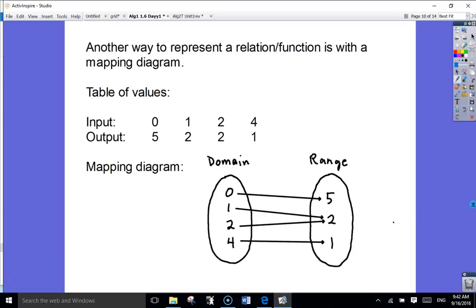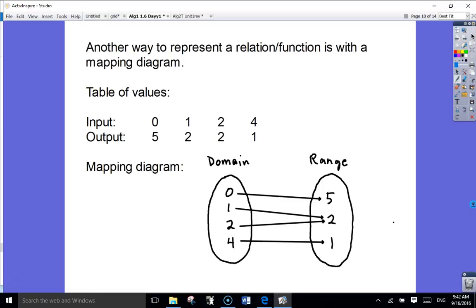So another way you can represent a relationship, a relation or a function is with a mapping diagram. Right? This is the one we just had on the last slide, and this is the table of values, and this is what's called a mapping diagram.